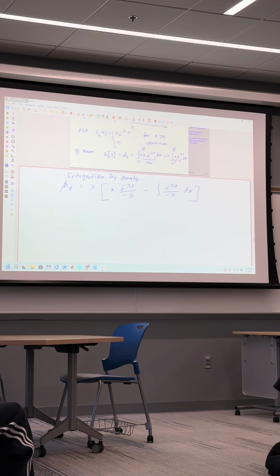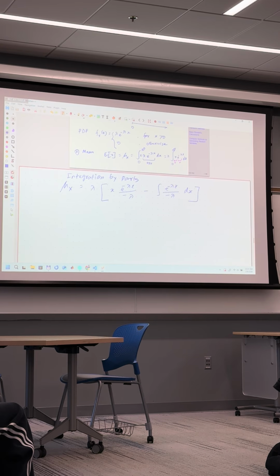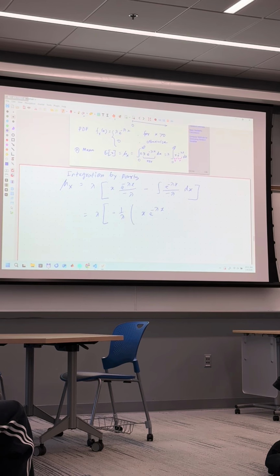So this integration will disappear, and you will be left with negative one over lambda times x e to the negative lambda x, plus 1 over lambda e to the negative lambda x.